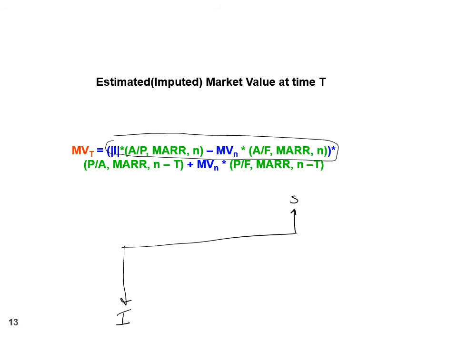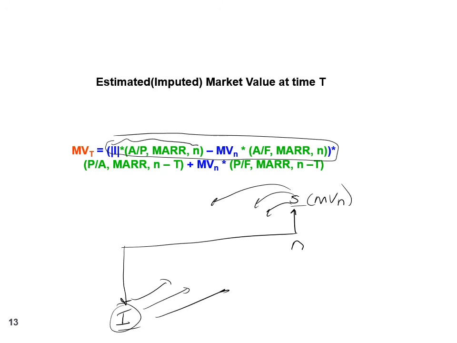We were representing it as the salvage value, but in this equation we represented it as the market value at time N. So the capital recovery corresponding to this equipment is found by finding the annual equivalent of this initial investment and the annual equivalent of this salvage value and subtracting. So the first part is the annual equivalent of this initial investment and the second part is the annual equivalent of the market value.